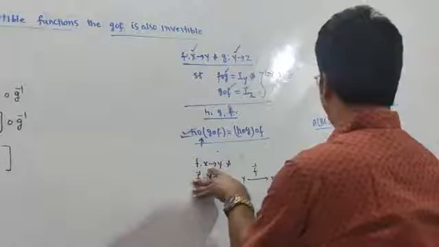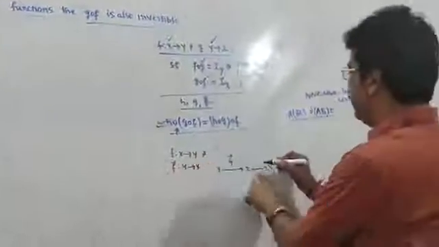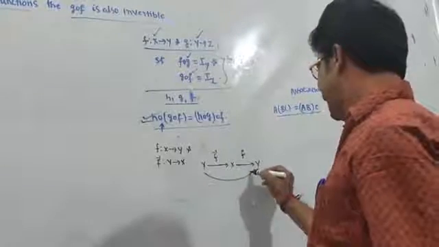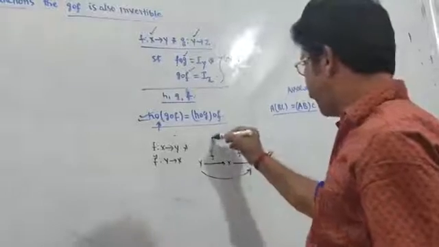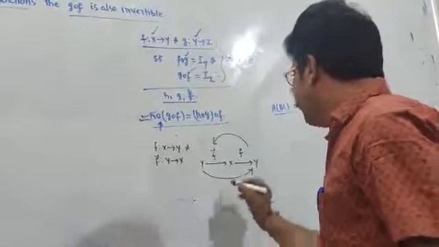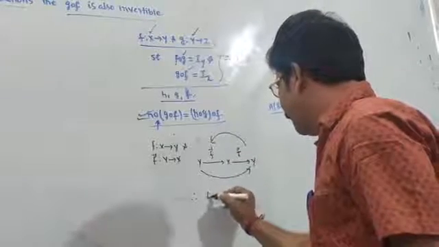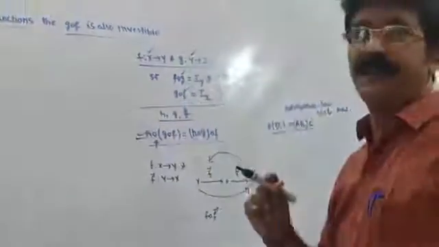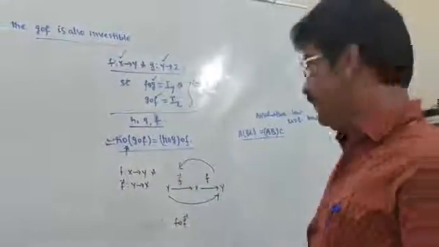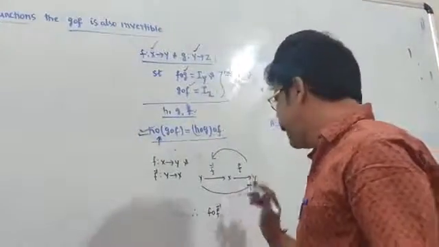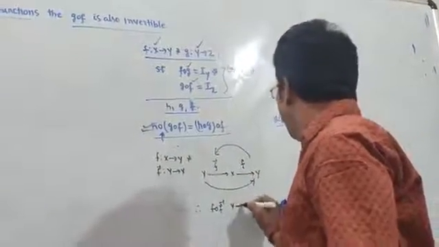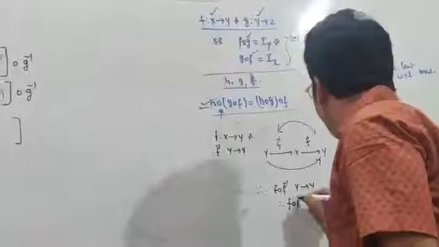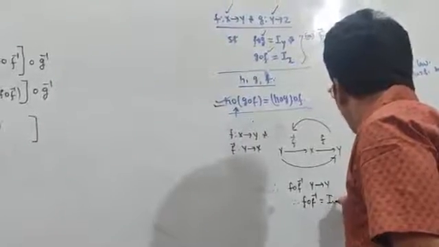X to Y. So cyclic order. Already I said this cyclic order in the definition of composition of f and g, composition of g and f. You refer to it. After that you read it. It is capital Y to capital Y. Therefore simply f circle f inverse equals I_Y.